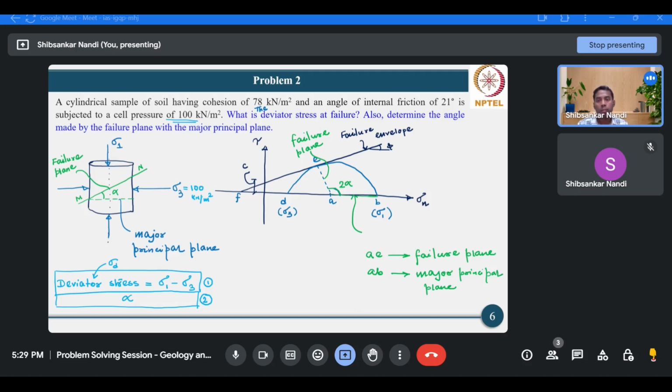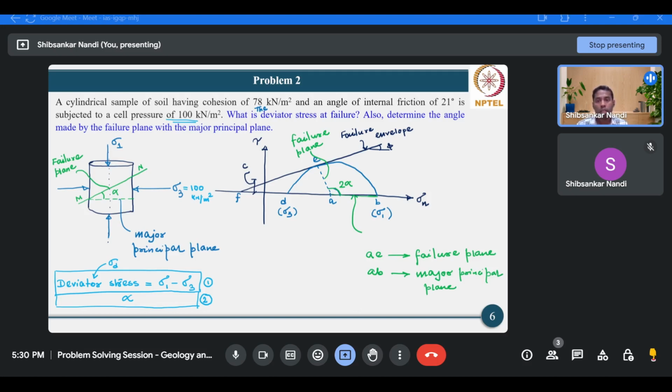This is the phenomenon associated with the second phase of the triaxial test. As we know, any triaxial test includes two phases: the first is the consolidation phase and the second is the shearing phase.